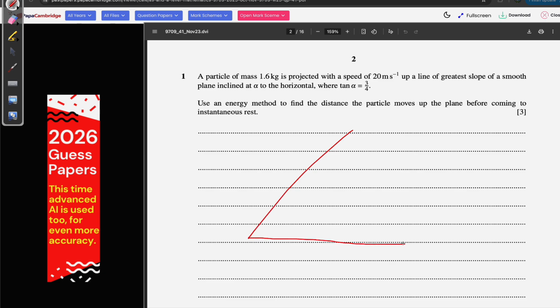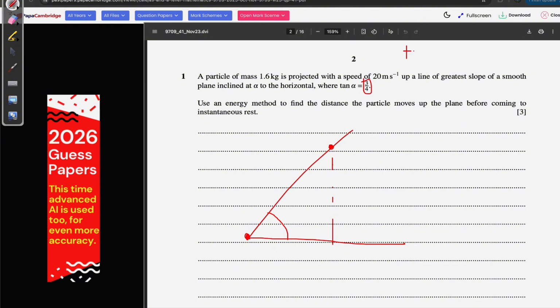Okay, let's first draw it, right? We have the object here where it stands still. So let's draw this vertical. Tan alpha, so like that. If you do tan inverse of 3/4, you'll get the angle, but there's an easier way to do this.